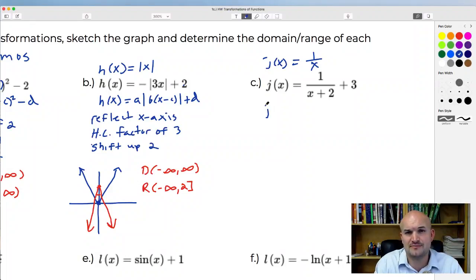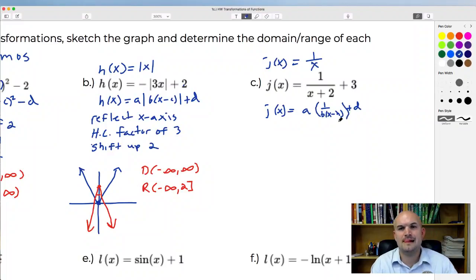So j of x can be a times 1 over b times (x minus h), plus d. Sometimes we write the a just up top in the numerator, but I wanted you guys to see it still being multiplied, but a lot of times we'll just write it up on top.